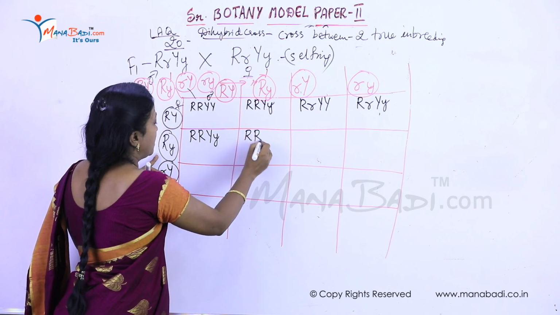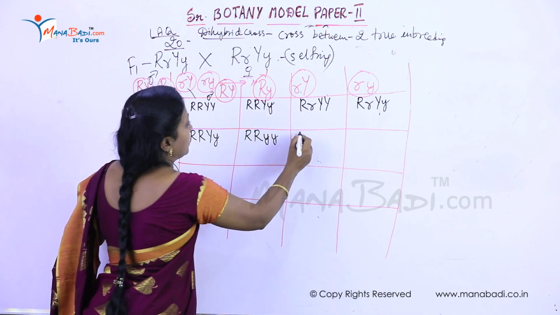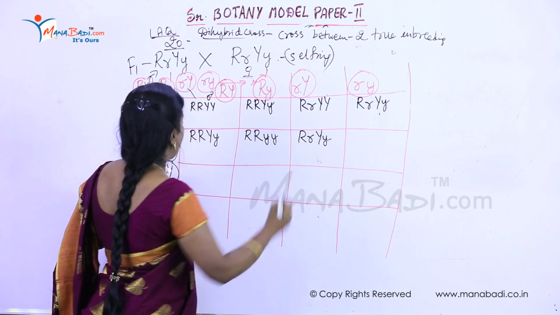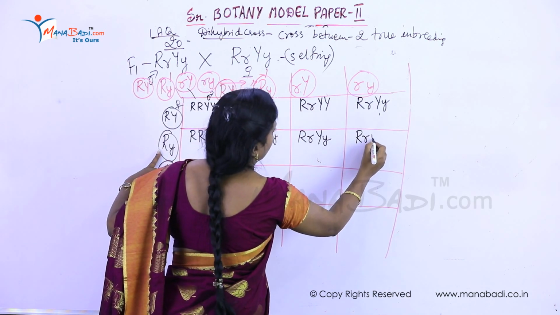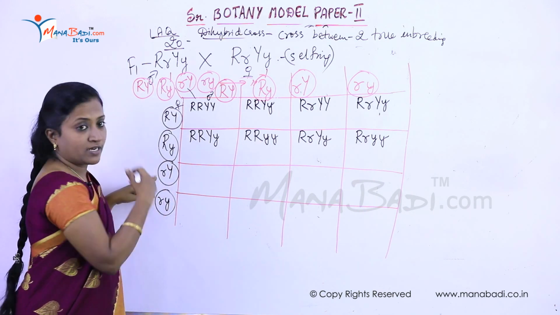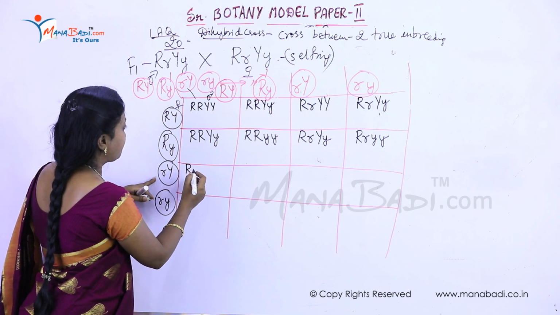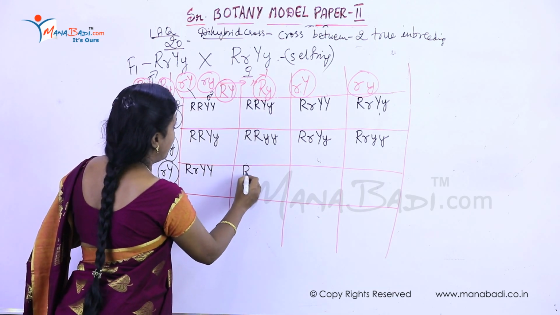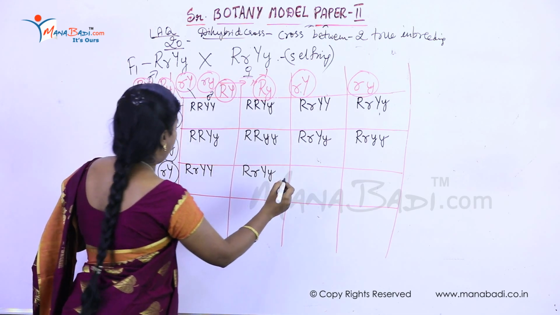Capital R, capital R, capital Y, small y. Capital R, capital R, small y, small y. Capital R, small r, capital Y, small y. Capital R, small r, small y, small y. Then coming to the next row of gamete fusion: capital R, small r, capital Y, capital Y. Capital R, small r, capital Y, small y.